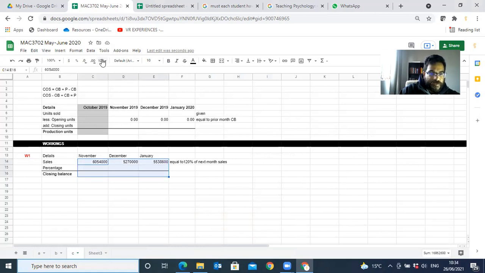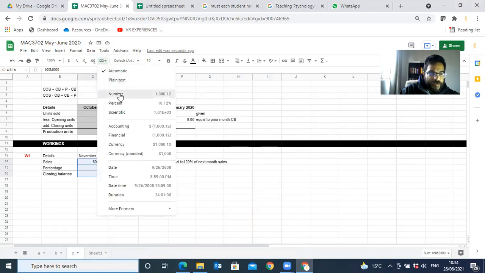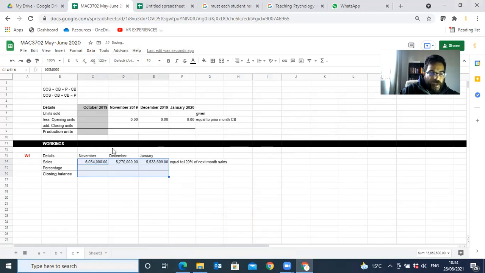Then the percentage is 120%, so it's 1.2. You can make it 120%, doesn't matter. So therefore my closing balance must be that multiplied by 1.2.